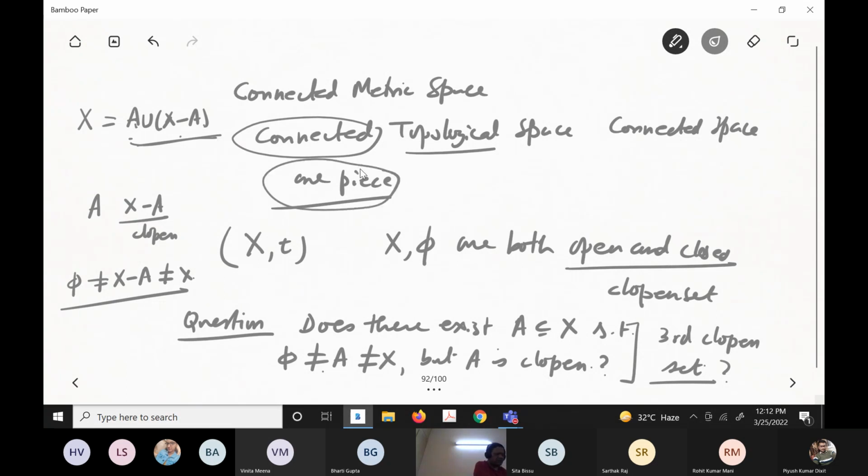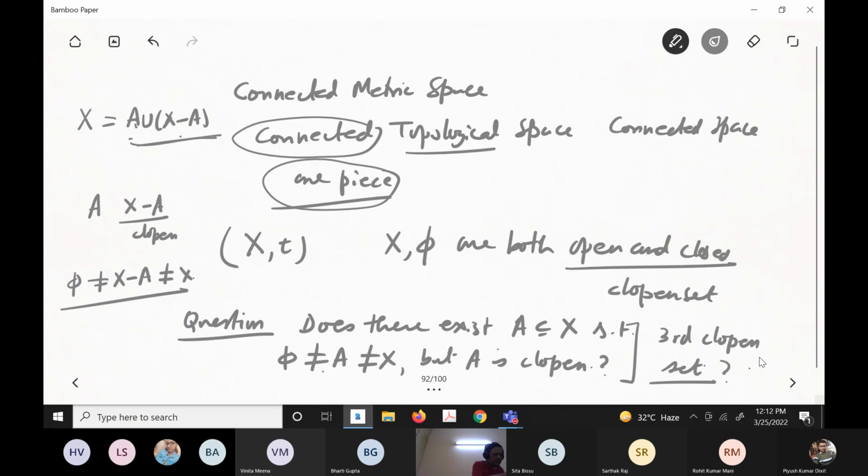Okay, right. So that is the thing, that it is one piece. Connected means I should not have this. So that is exactly the definition: X is called connected whenever phi and X are the only subsets of X that are simultaneously open and closed.